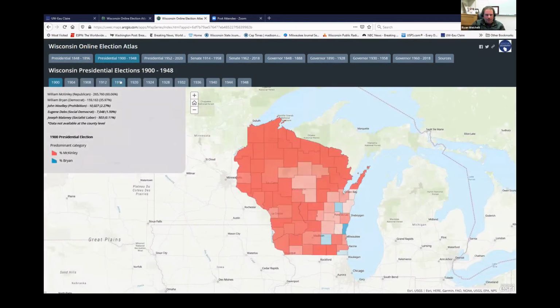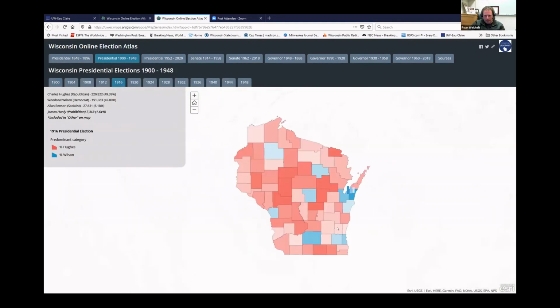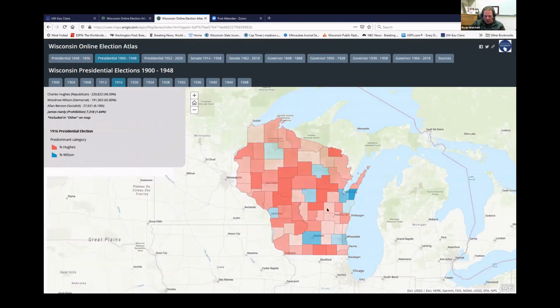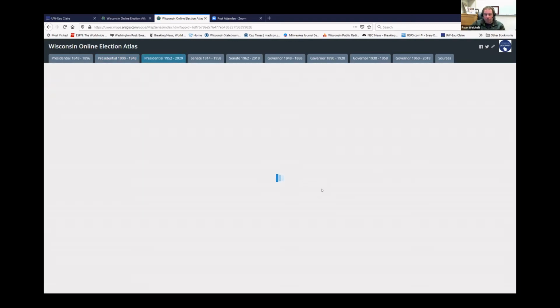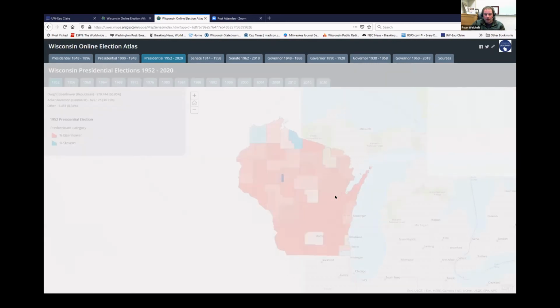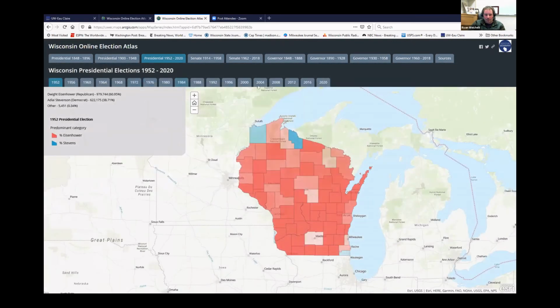And if you really want to see what's going on, you can see the election patterns we're looking at in 1916. We can click on the counties, see how Wilson was doing versus this Hughes person. So this is an interactive way that we can jump all the way to the present, if you want to, and start looking at these voting epochs.